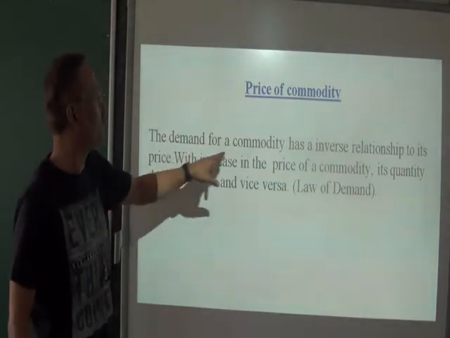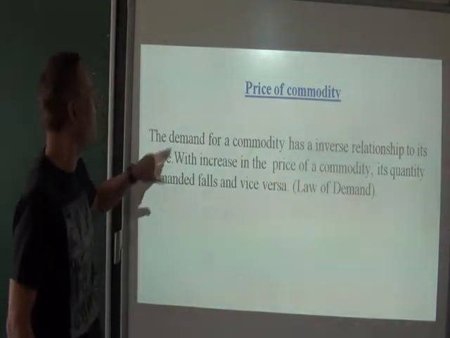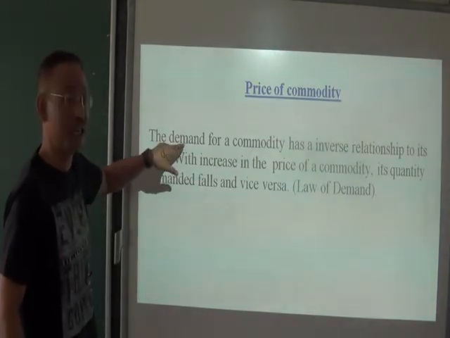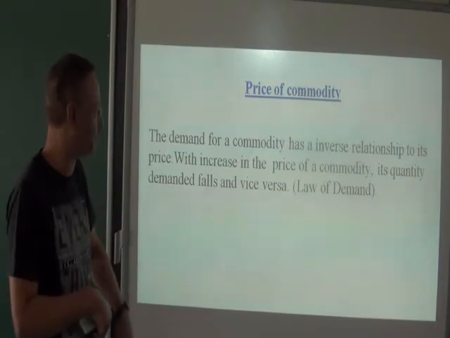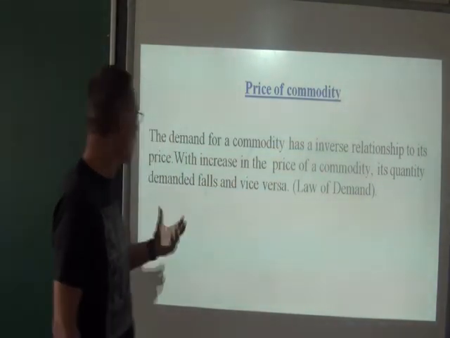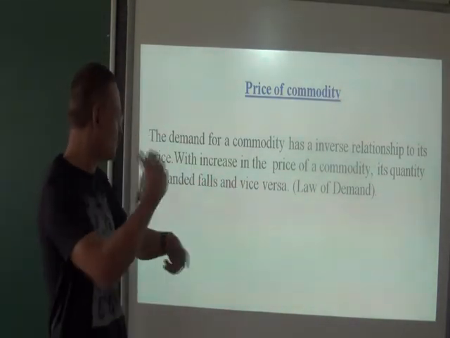So, the demand for a commodity has an inverse relationship to its price. That means if the price increases, the demand will decrease. Inverse relationship. With increase in the price of a commodity, its quantity demanded will fall. Vice versa means just the opposite.